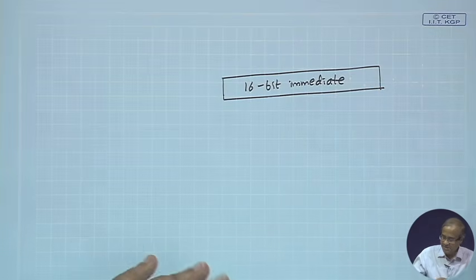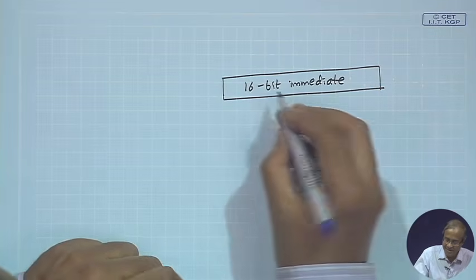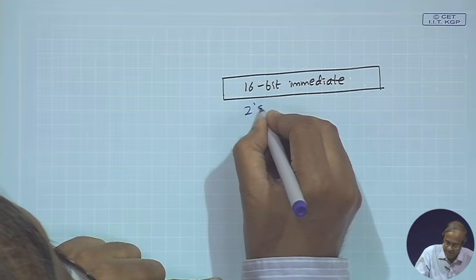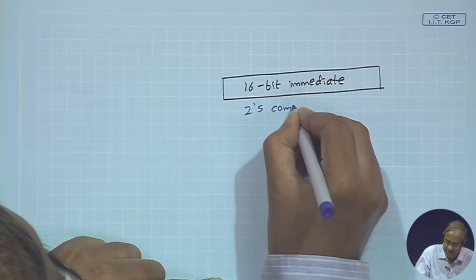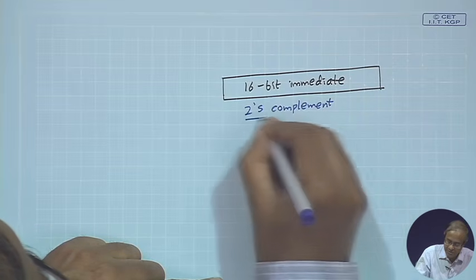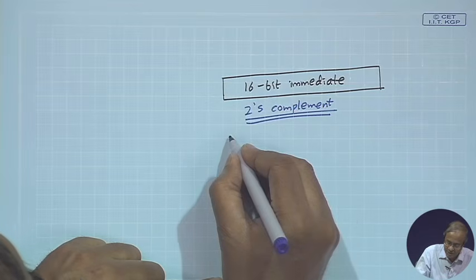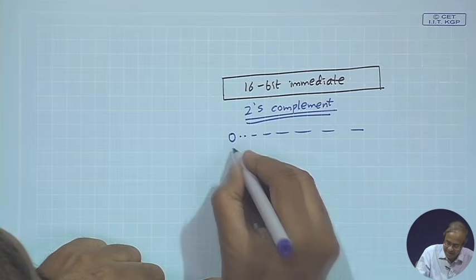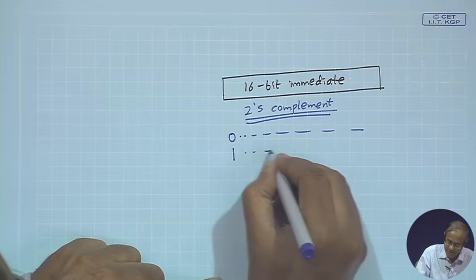Now, this 16 bit immediate field is considered to be a signed number in 2's complement. This is how it is regarded, a 2's complement signed number. So, if the number is positive, it will start with 0, then anything. If the number is negative, it starts with 1, then anything.